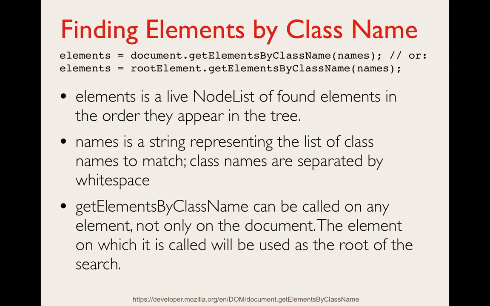Names in the string represent the list of class names to match. You just separate them by some white space. And getElementsByClassName can be called on any element, not only on the document. The element on which it's called will be used as the root of the search. It's just kind of like what we were doing with getElementsByTagName.